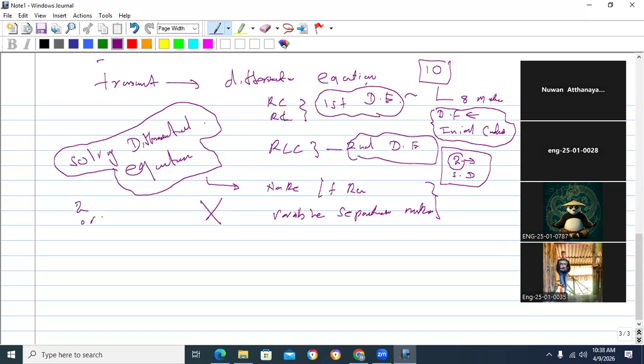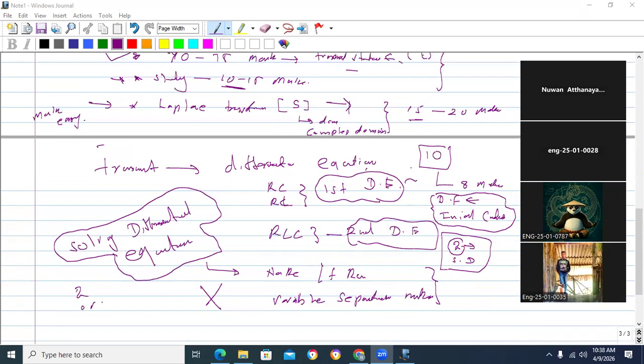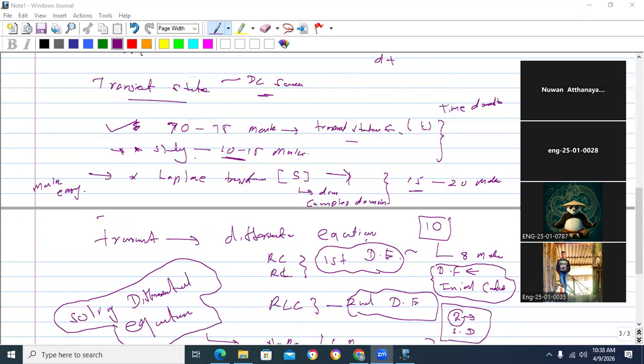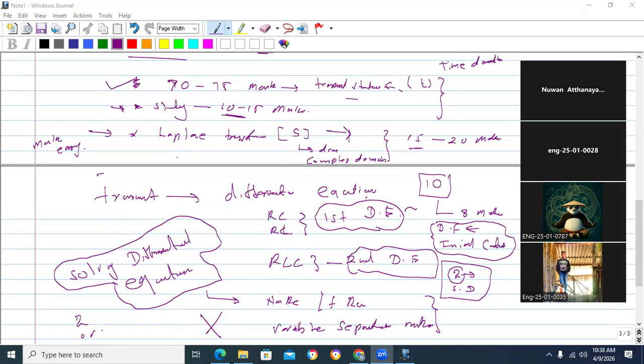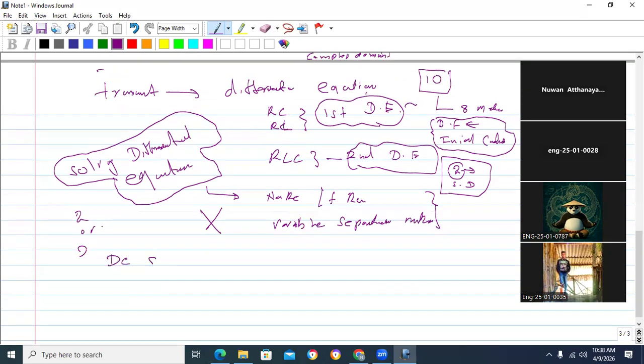Actually, in our class we have done this. Maybe I told you that for the transient domain, you will have the DC source only, the DC voltage source. As I can remember, I haven't included the current source, so only a DC source, that means a DC battery, will be there.